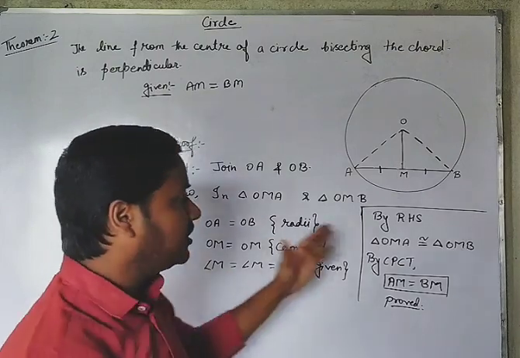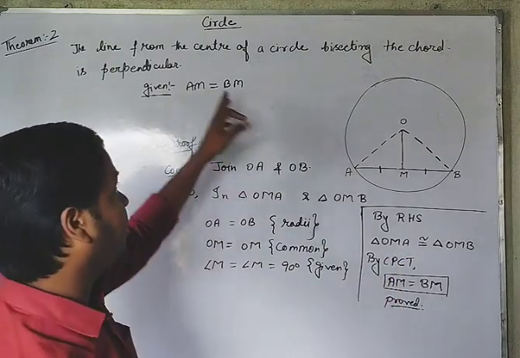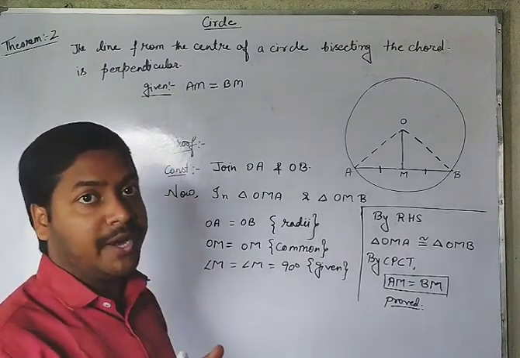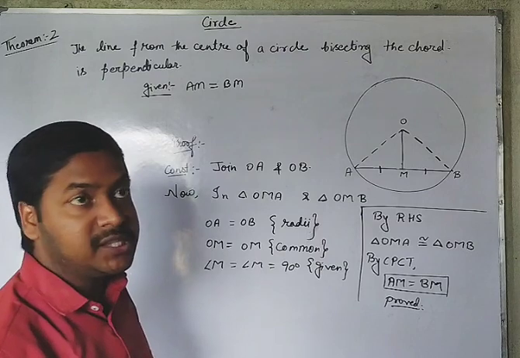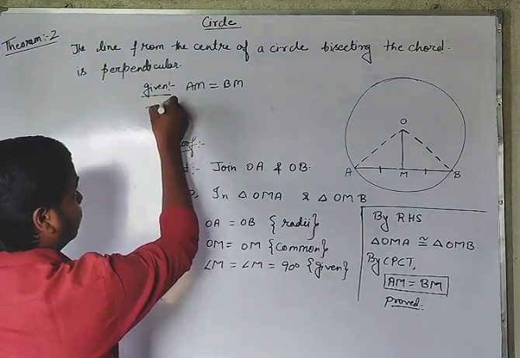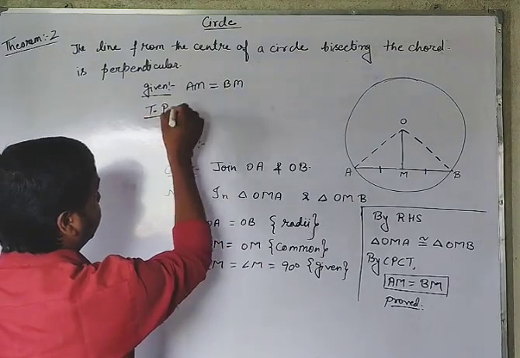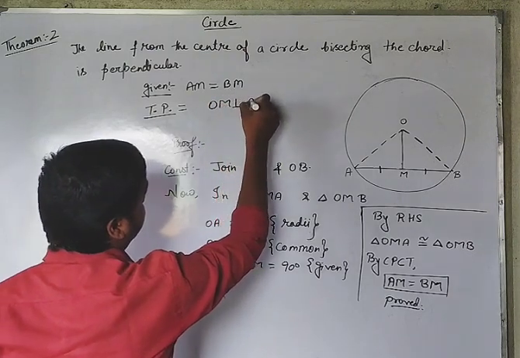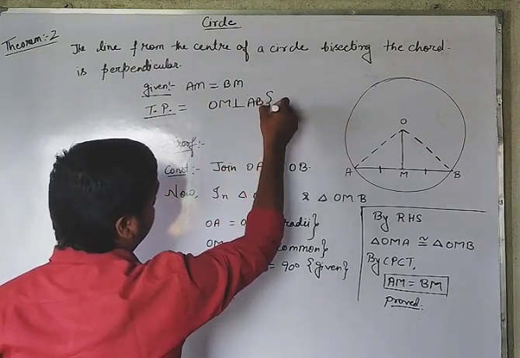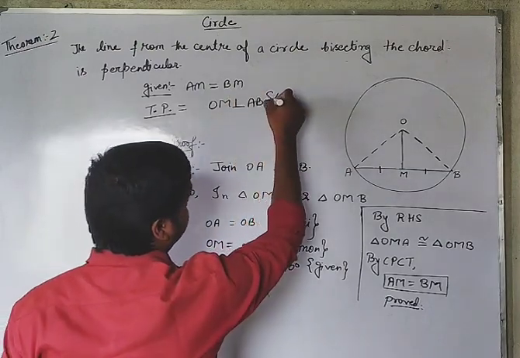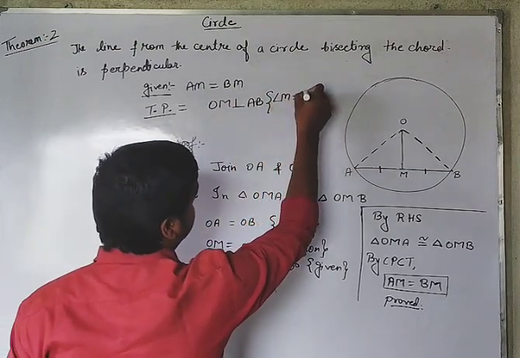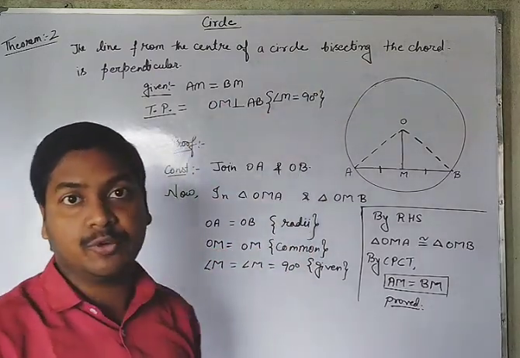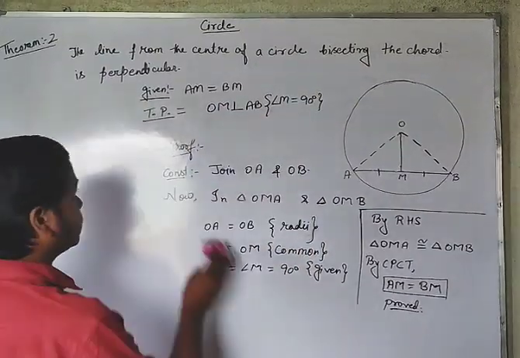Whatever we needed to prove in theorem 1 is given in theorem 2, and whatever was given in theorem 1, we need to prove in theorem 2. We need to prove that OM is perpendicular to AB, or in another way, angle M is equal to 90 degrees.